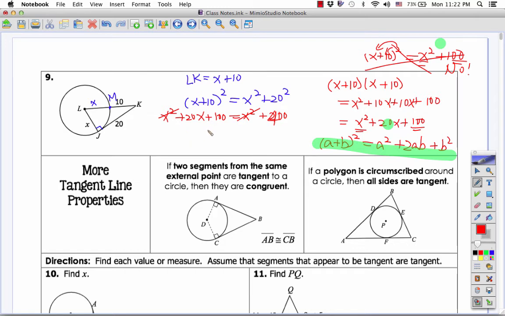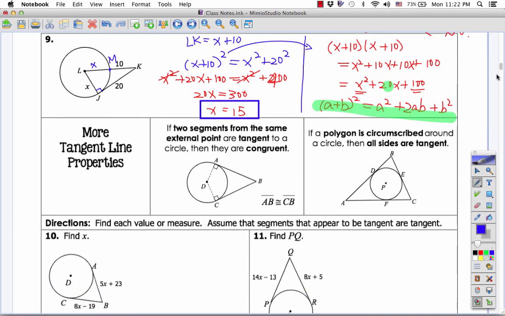I should have 20x equals 300. Therefore, x equals 15. Okay? I'm sorry, I should have switched back to blue ink on the left-hand side, but all the work here is done on the right-hand side, just FOIL.